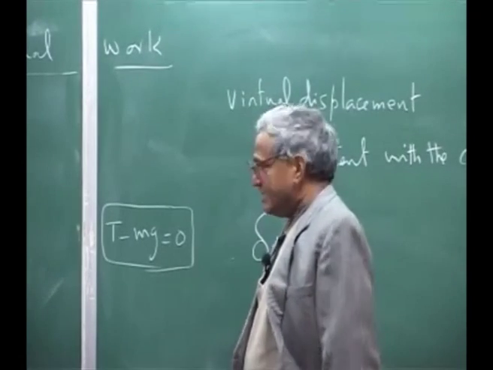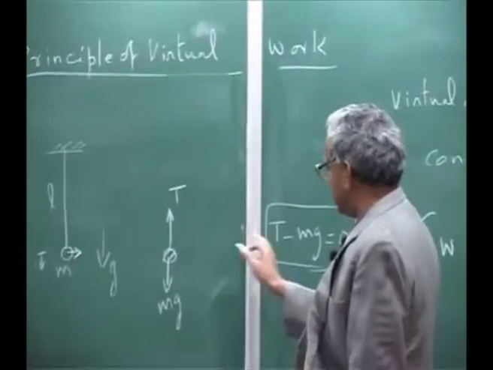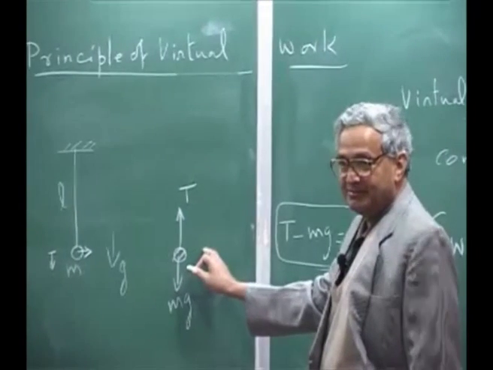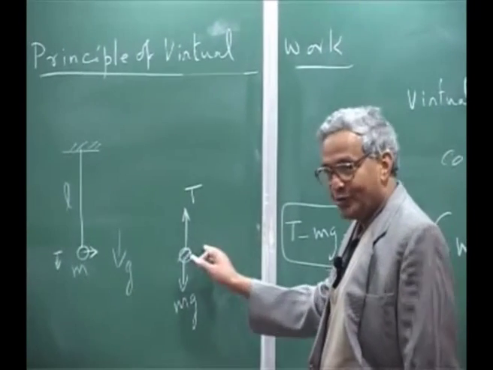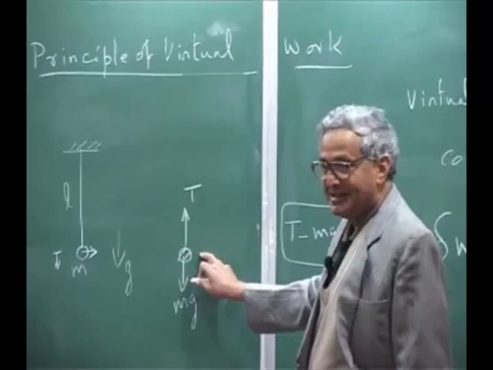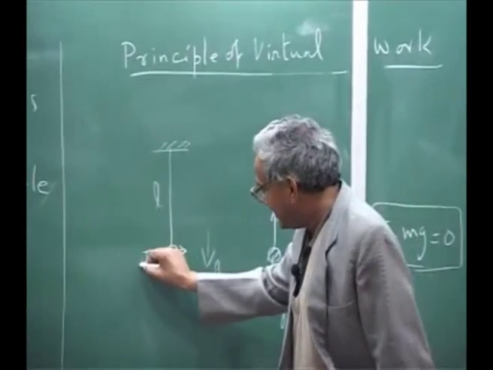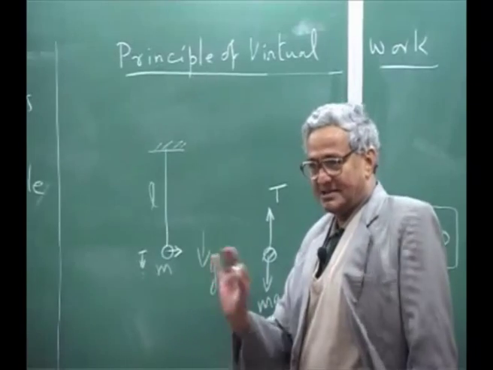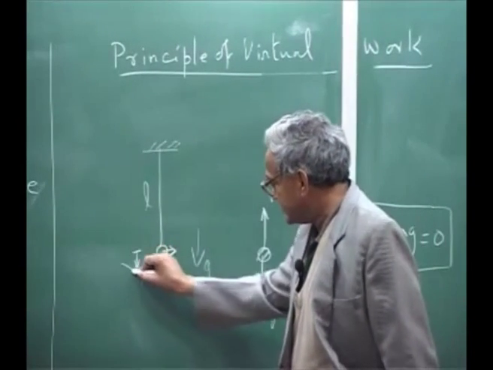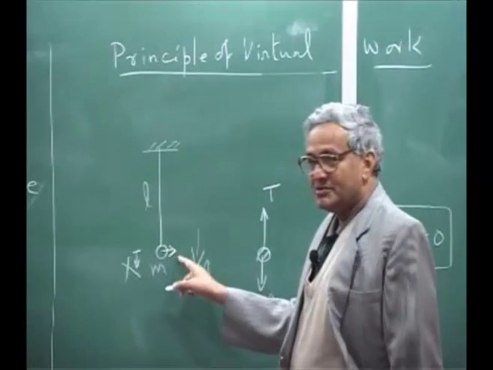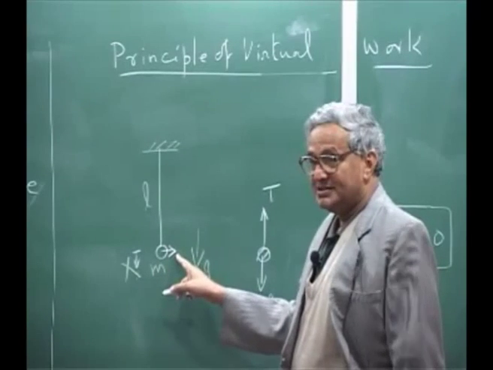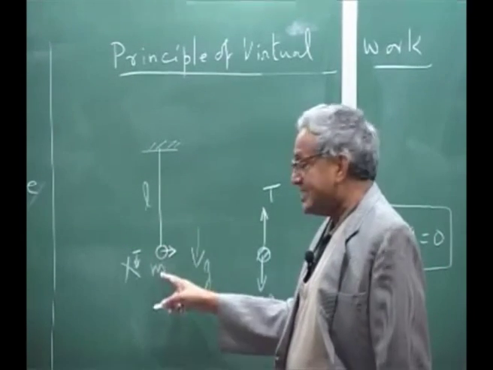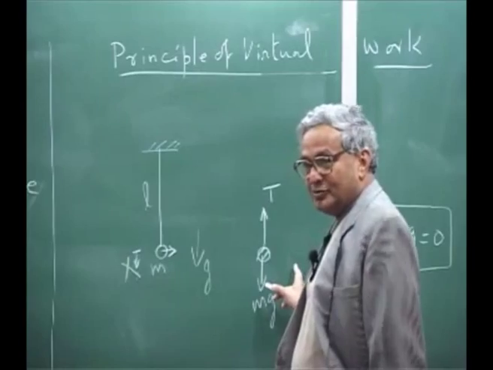Now what happens for this system? T minus mg is the force that is acting on the system. But I cannot give a virtual displacement in this direction because the length is fixed, the static situation. That means this is out. I can give a virtual displacement, but it is at 90 degrees to the force.